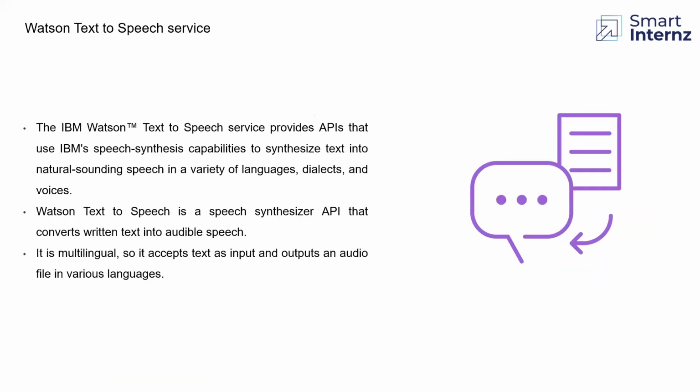Now another service that IBM is offering, which we are going to use today, is called Watson text to speech. So what exactly is Watson text to speech? Watson text to speech converts text into natural-sounding speech in a variety of languages and voices.